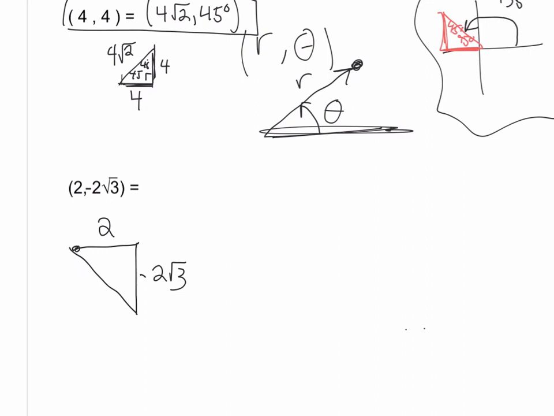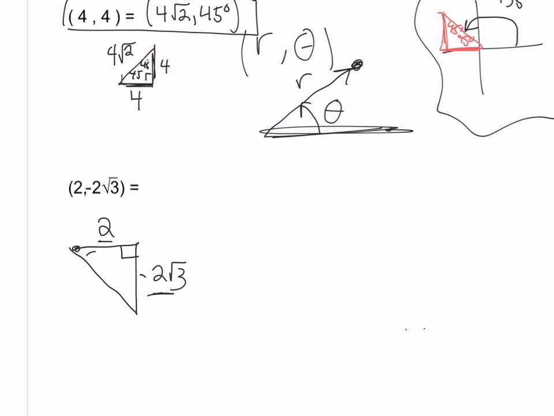The length of this side is 2, and the length of this side is 2 times the square root of 3. My shorter leg times the square root of 3 gives me my longer leg, so I am dealing with a 30, 60, 90 triangle.